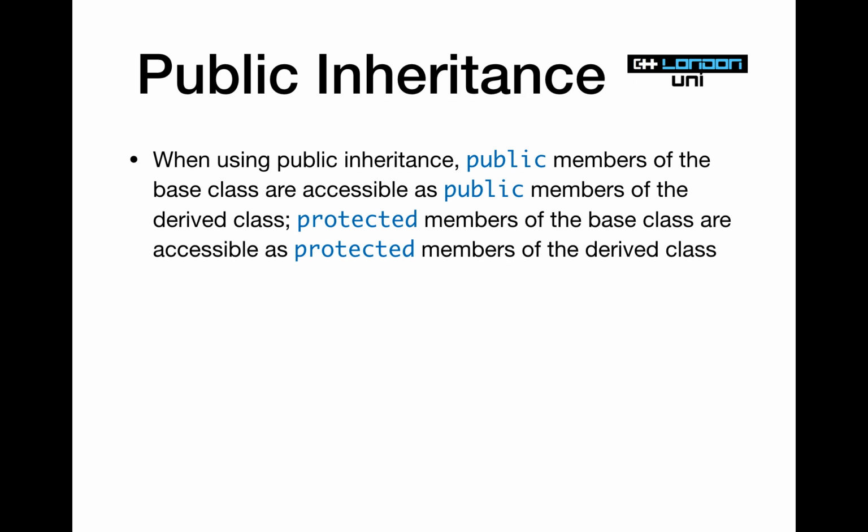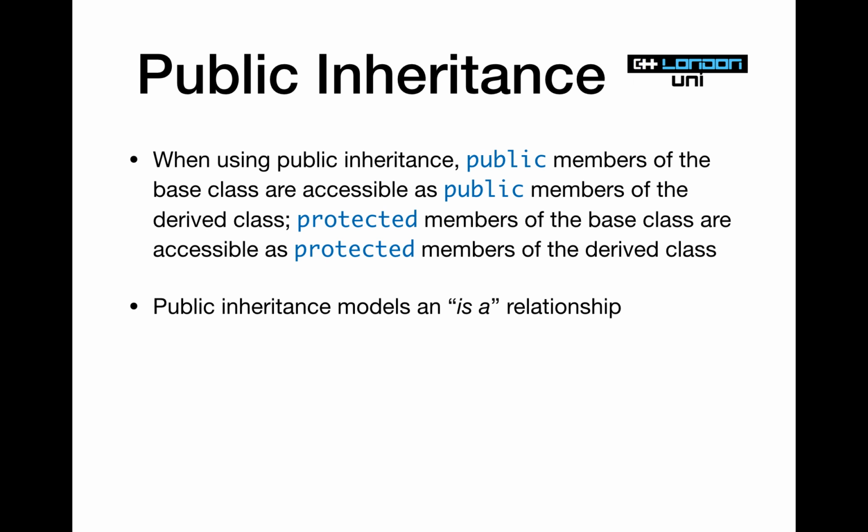So if a base class provides a method, a member function, then that method is public in our class as well. And all the protected members of the base class are protected in our derived class as well. This is good. This is what we want.